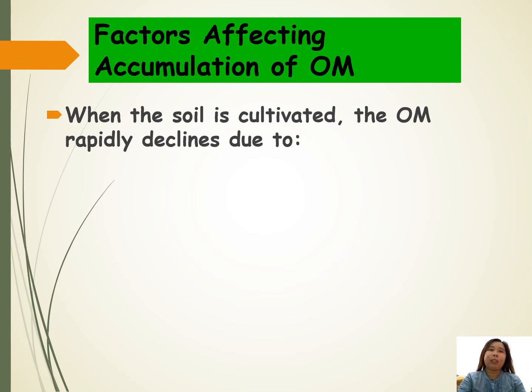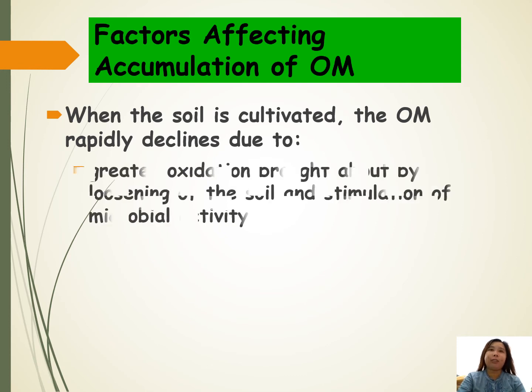And also, the type of cultivation or farming system can affect the accumulation of organic matter. When the soil is cultivated, the organic matter rapidly declines due to the following. There is greater oxidation brought about by loosening of the soil and stimulation of microbial activity.